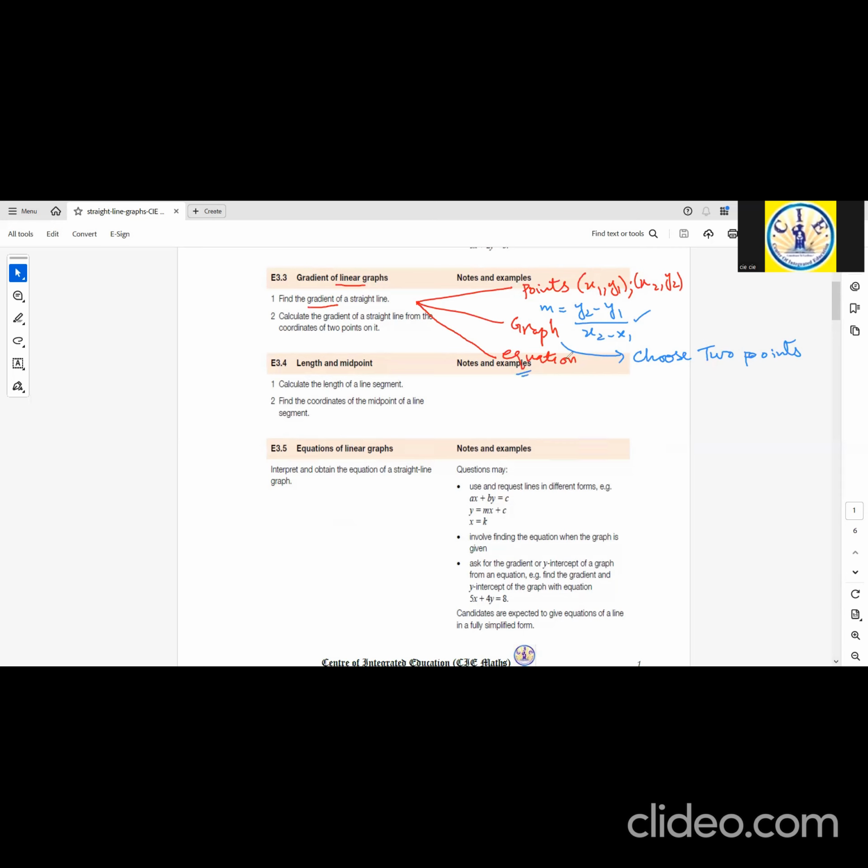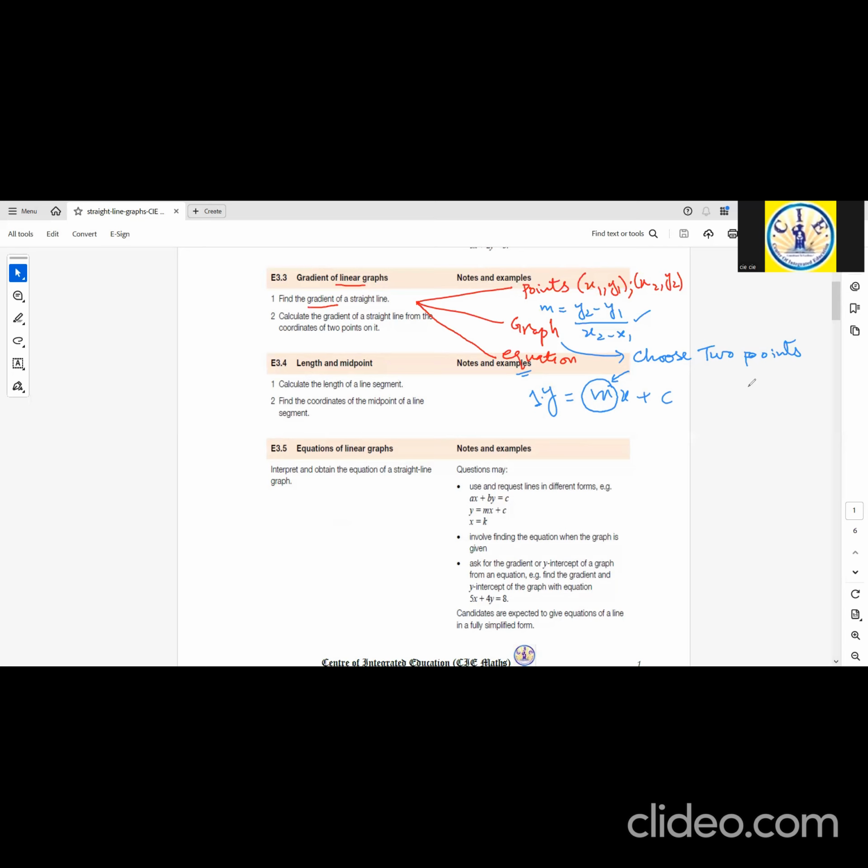And from the equation, we need to write that equation in this form, y is equal to mx plus c, and whatever would be the coefficient of x in this form, when y has been made the subject of the equation, then this would be known as the gradient of the given equation.